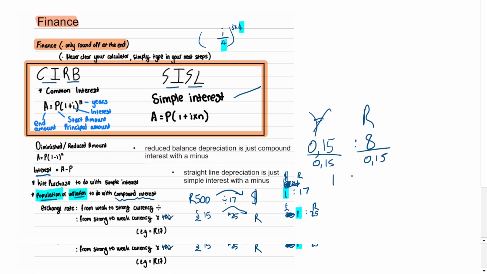That will convert this into 1 is to 53.3 recurring, and the smaller number will be the stronger currency. And so again, you can apply my rules here for going from strong to weak or weak to strong.